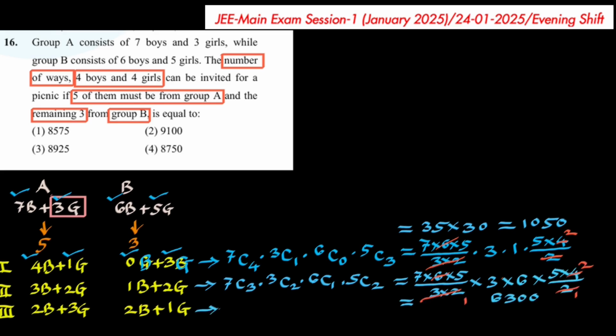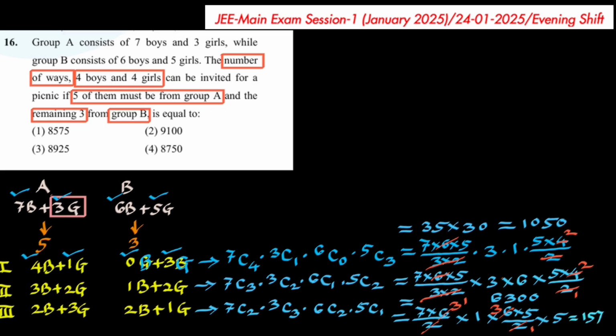In the third case, the combinations will be 7C2 into 3C3 into 6C2 into 5C1. That will be 7C2 is 7 into 6 upon 2, 3C3 is 1, 6C2 is 6 into 5 upon 2, and 5C1 is 5. This works out to be 1575.